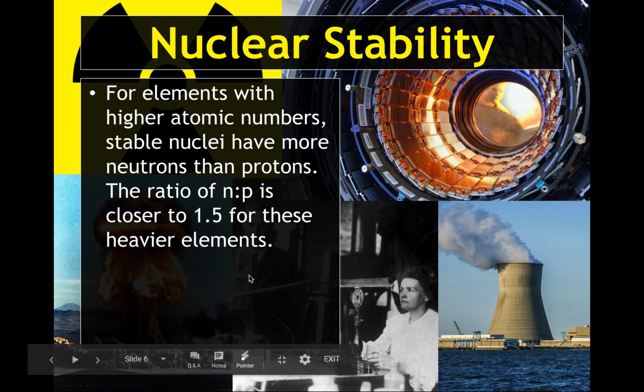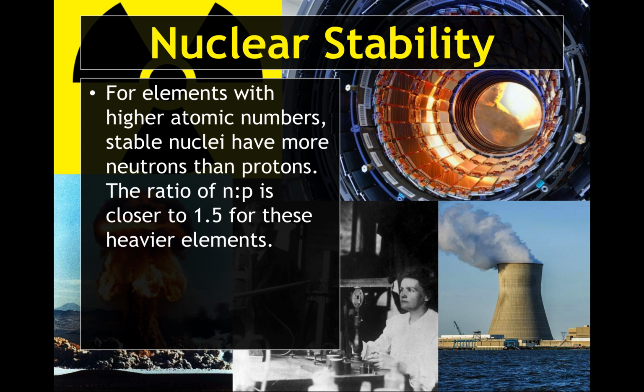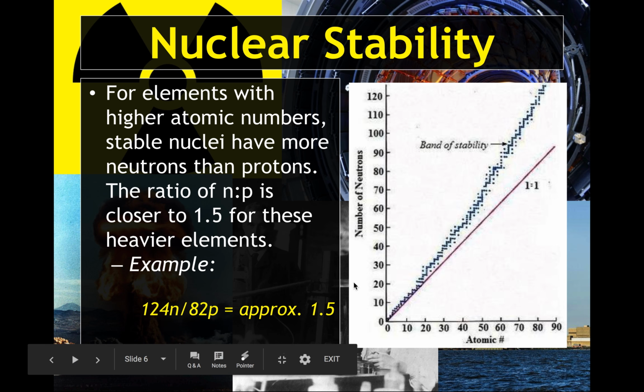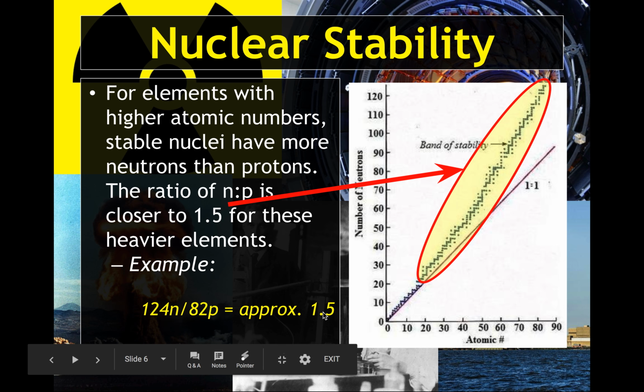For elements with higher atomic numbers, stable nuclei have more neutrons than protons. The ratio of neutrons to protons is closer to 1.5 for heavier elements. For example, if you have an element that has 82 protons and 124 neutrons, you divide 124 by 82 and you'll come out with about 1.5.